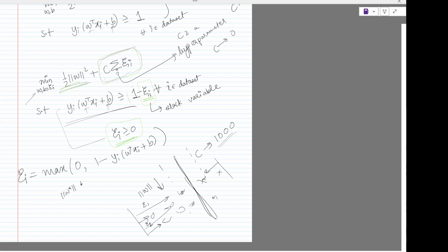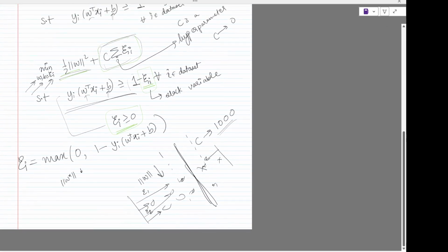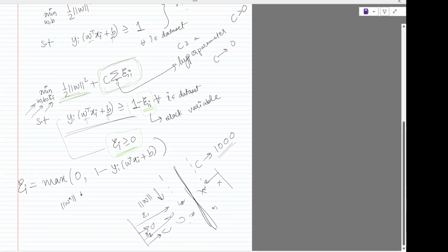You need to find W, b, and psi also, all together, such that all these constraints are satisfied. If you have familiarity with some optimization solvers, there are interior point methods which do quadratic optimization. Or else there are packages like scikit-learn which have already implemented this whole thing, where you give your data and they give you these parameters.